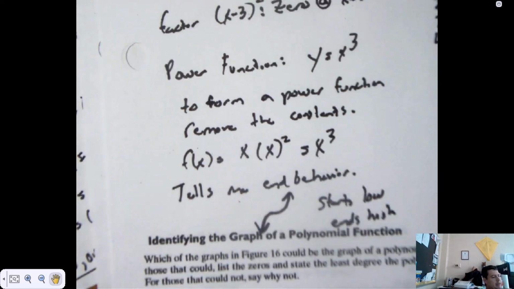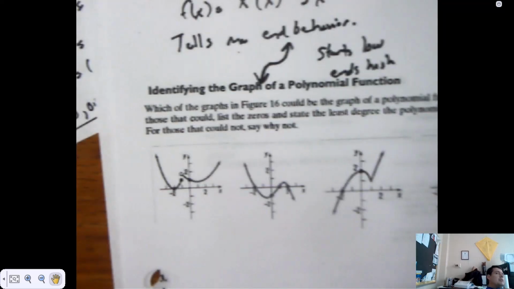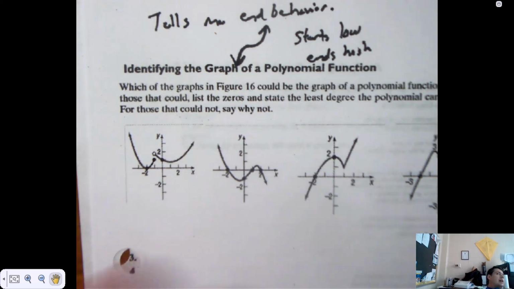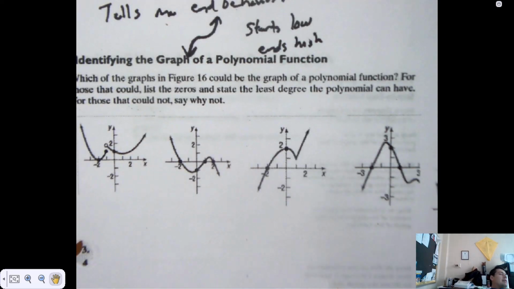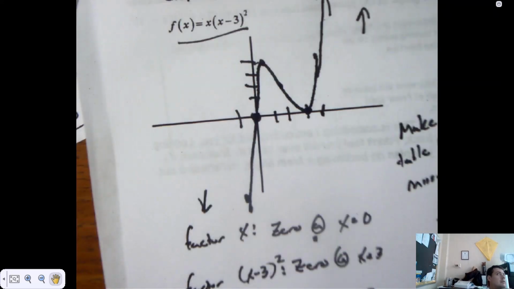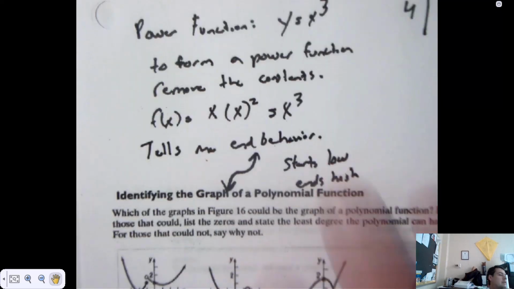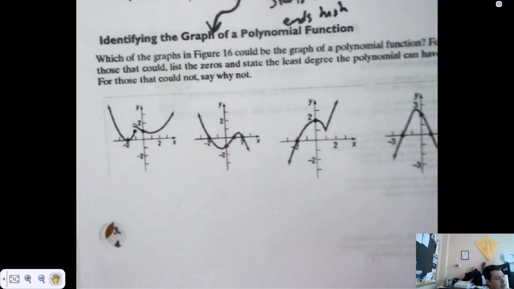Moving on down to the bottom, identifying the graph of a polynomial function. Which of the graphs in figure 16 could be the graph of a polynomial function? For those that could, list the zeros and state the least degree the polynomial can have. For those that could not, say why not. Well, I don't think I've talked about it in your notes here yet.